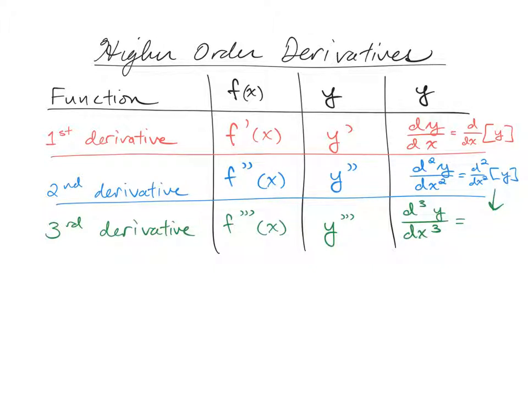So just to give you an idea of what the fourth derivative or anything after that looks like, this would be f in parentheses 4 of x and y in parentheses 4. We put the parentheses around this just to make sure you understand that it is not an exponent. So this is mathematical notation. Parentheses around the number here and here means find the fourth derivative. And this number could change: 5, 6, 7, 8, 9, 10. All of these numbers would change, and then you would just have to keep finding derivative after derivative after derivative.